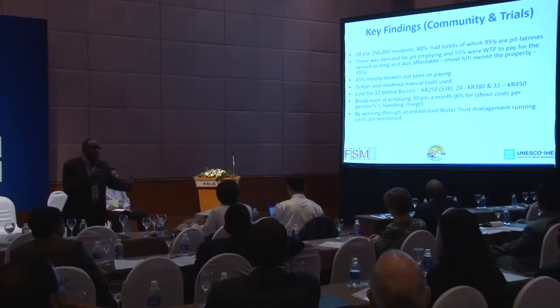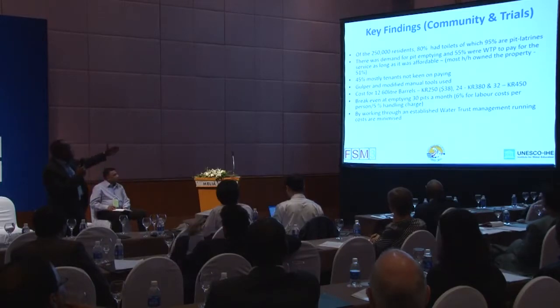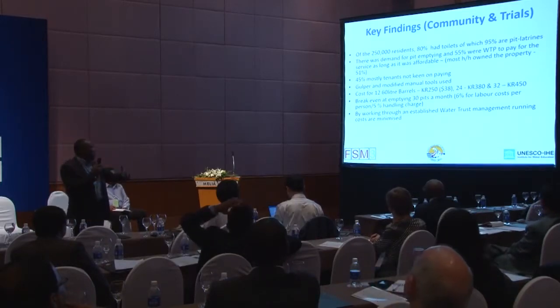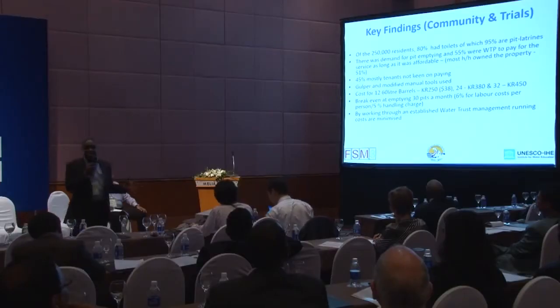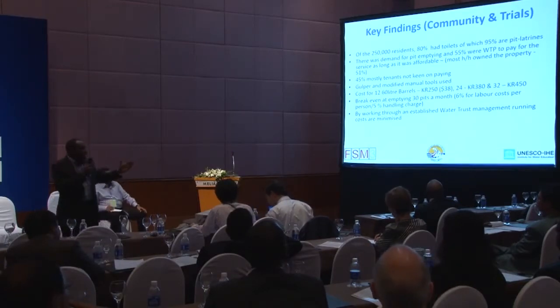And a number of tools were tried. They tried the use of the Gulper, as well as modified manual tools. And according to the calculation, they found that to empty a pit latrine, which would amount to 1260-liter barrels, it would cost at least $38 or 250 Zambian kwacha.